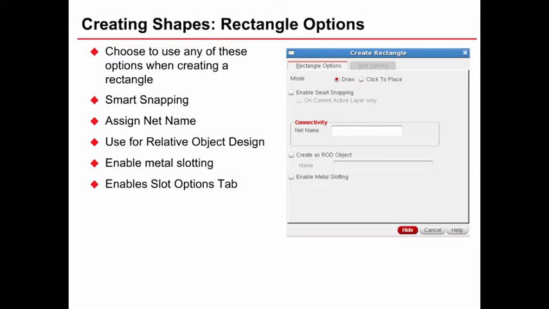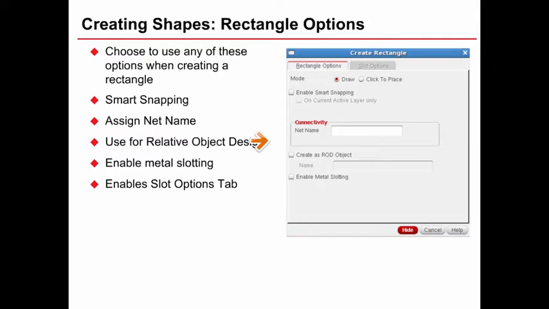Under Create Rectangle, we've got some options here. So we're going to draw it, and if we enable Smart Snapping, what that's going to do is, say I know I've got a rectangle and I'm going to snap it to another of the same layer, then it'll know, oh okay, we really want it to be connected, so it'll snap.